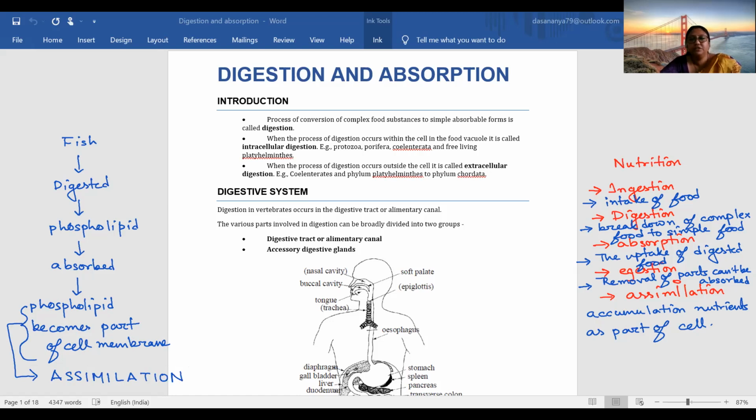Understood the difference between absorption and assimilation, beta? Yes, ma'am. Great then. So should we move ahead?